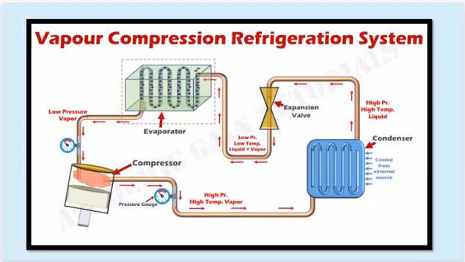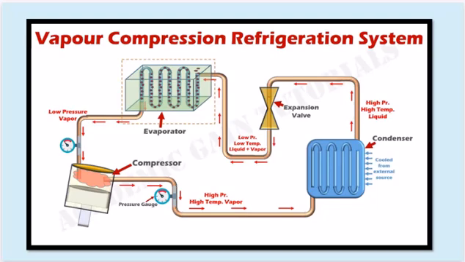Let's explore the vapor compression refrigeration system, which cools a specific space by transferring heat from a low-temperature area to a high-temperature area. Components and process. Evaporator: located in the area to be cooled, absorbs heat and evaporates the refrigerant into a low-pressure vapor.